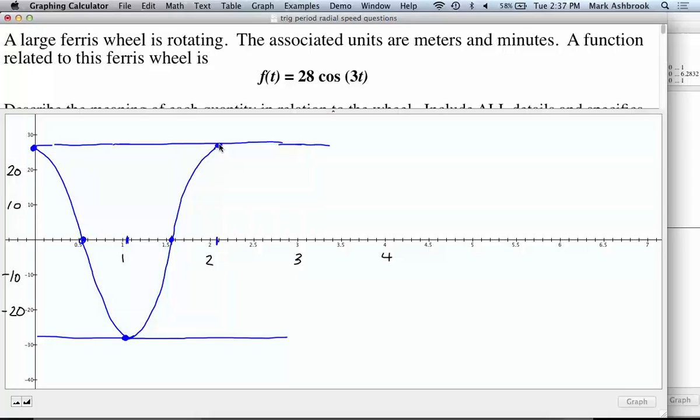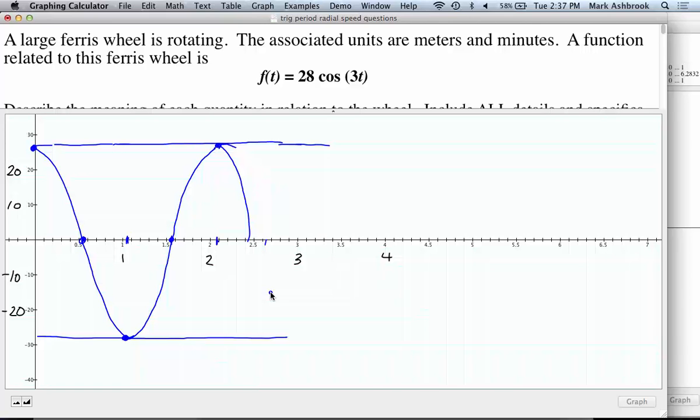It's going to do it again. So we could mark off quarters again, and we could just keep drawing cycles, right? So this first 2.09 seconds is the first cycle.